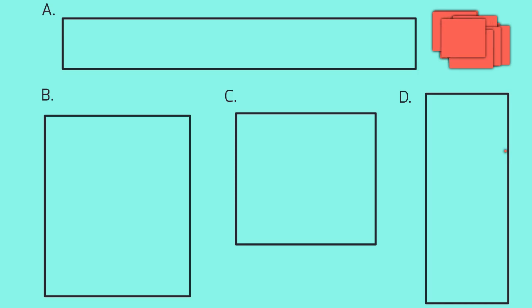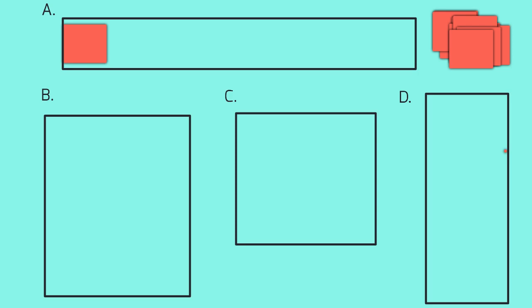So if we take one 1-inch tile and put it inside the A rectangle, we see what it's going to look like, and we can kind of guess how many squares it might take to fill it.